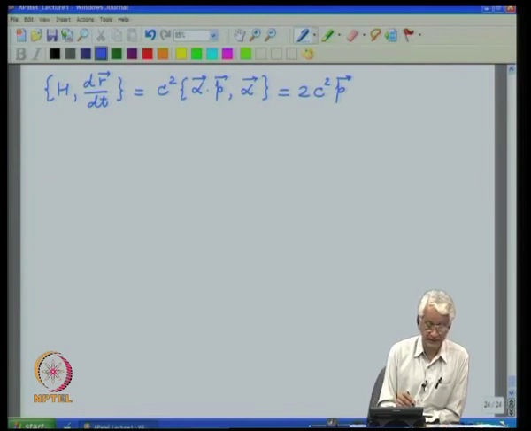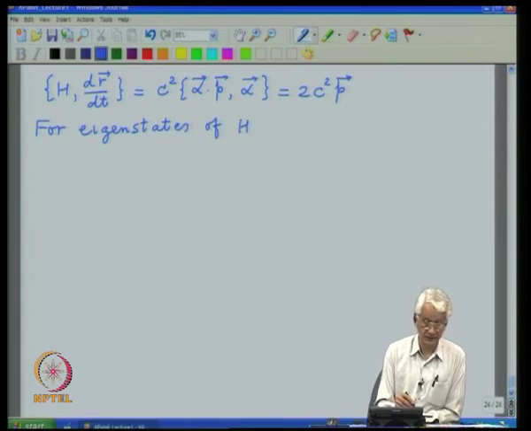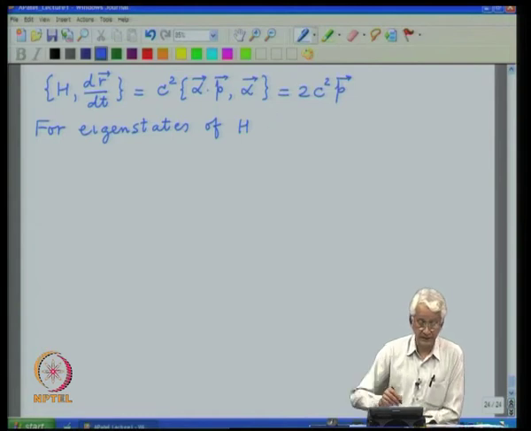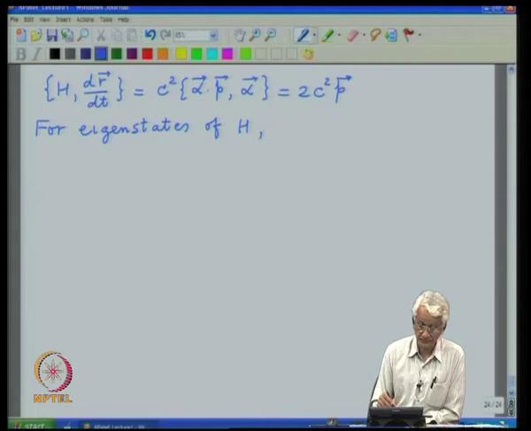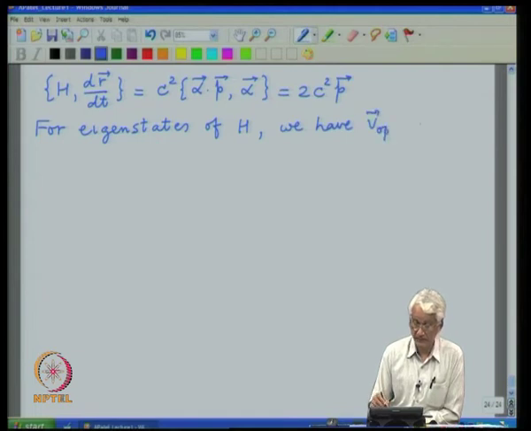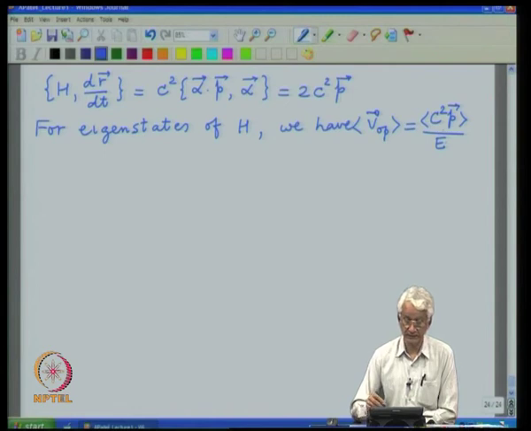In particular, to get rid of this explicit factor of the Hamiltonian, one can use eigenstates of the Hamiltonian, which will make this into factors of energy, and then this V operator, the expectation value is equal to the expectation value of P divided by E, and that is essentially our definition of what we mean by velocity in relativistic dynamics.